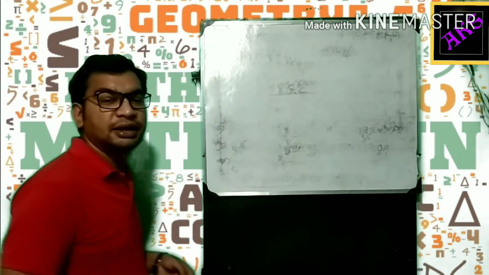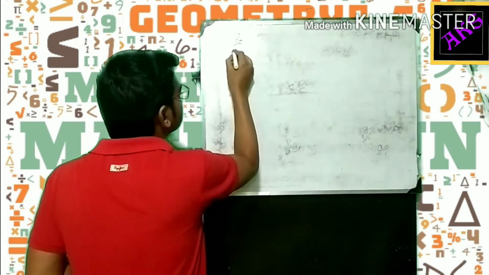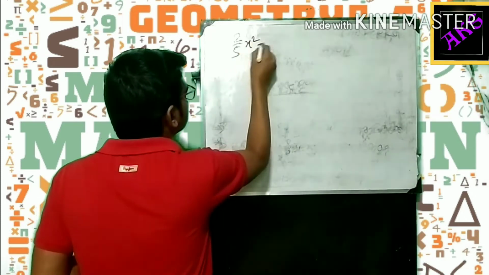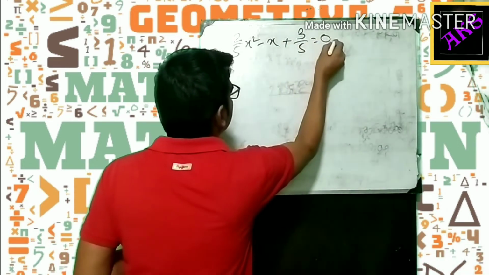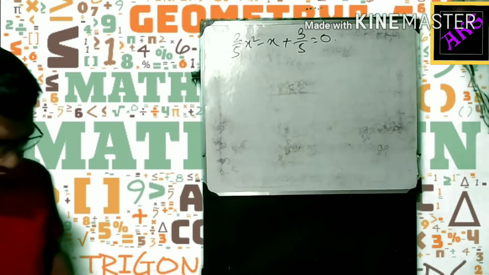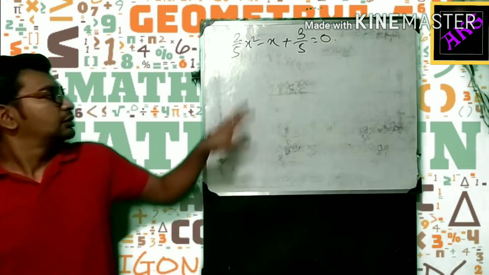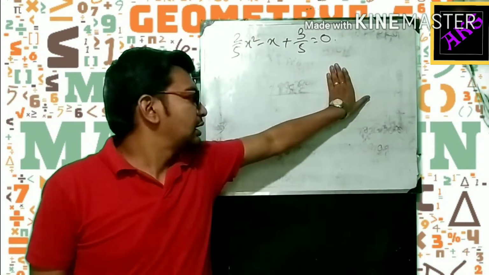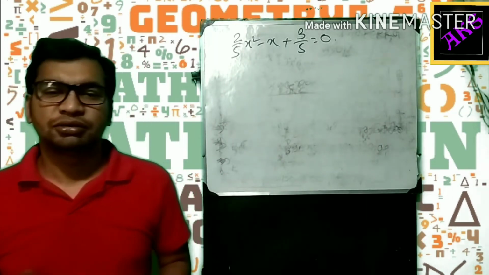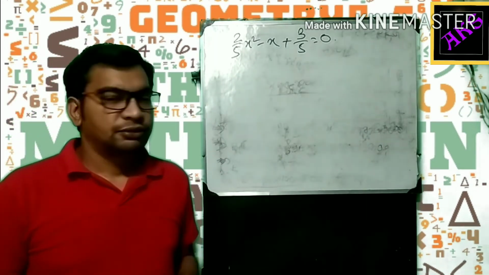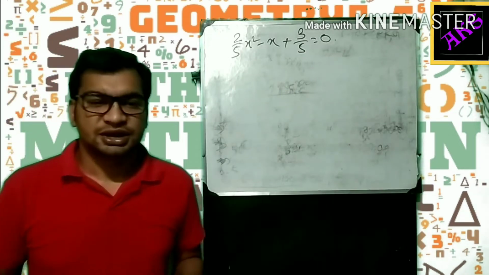Let us take an example. In this example we will discuss one by one all the three methods. So our first method, by factorization.